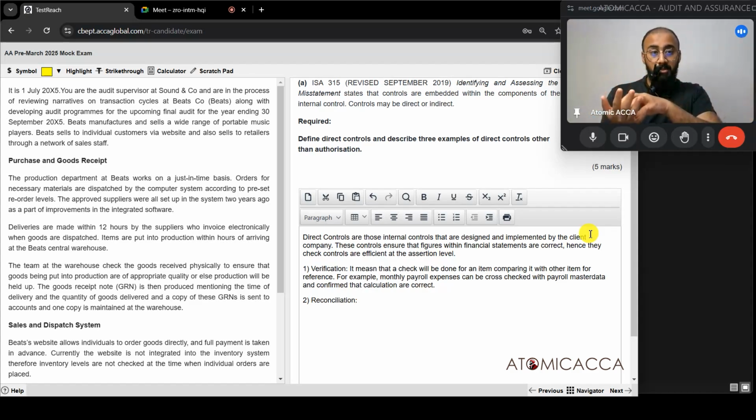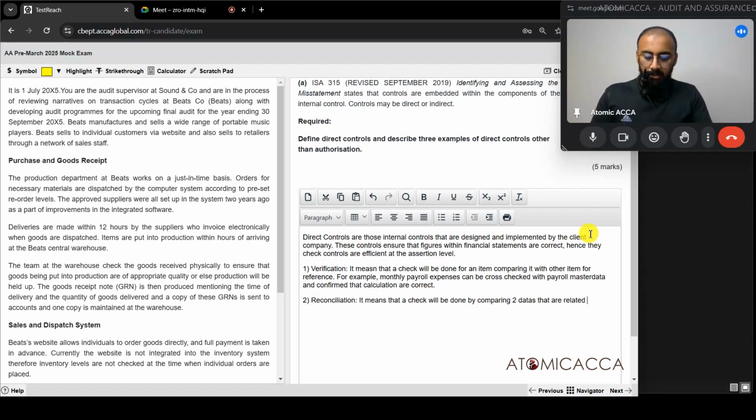Your transactions over here and the bank transactions in the bank statement should match out. This is called reconciliation. It means that a check will be done by comparing two datas that are related to each other.